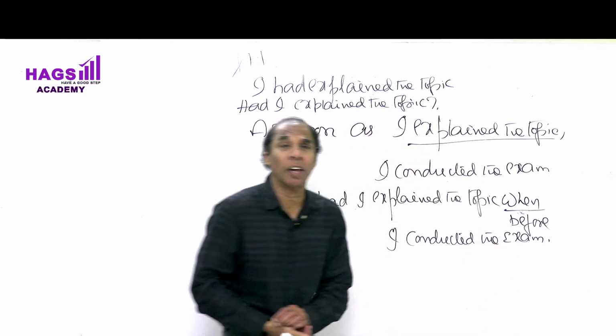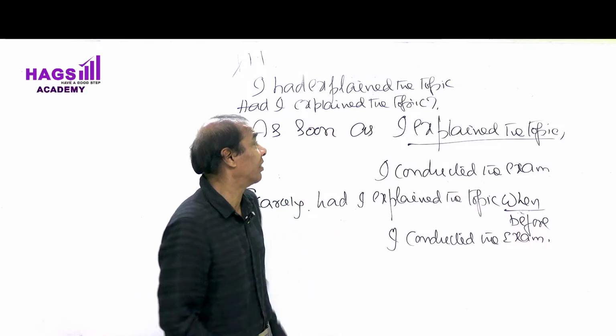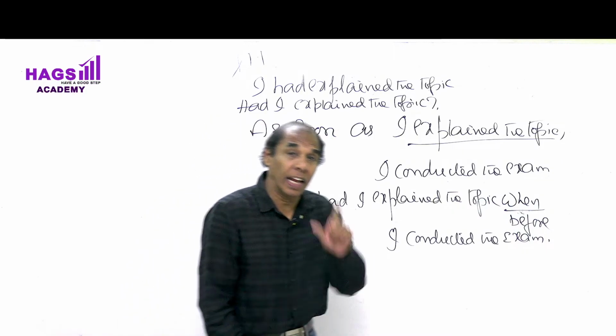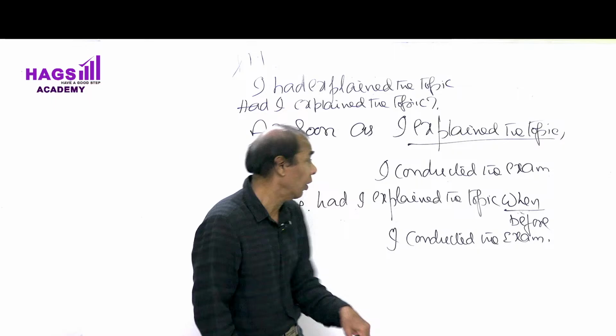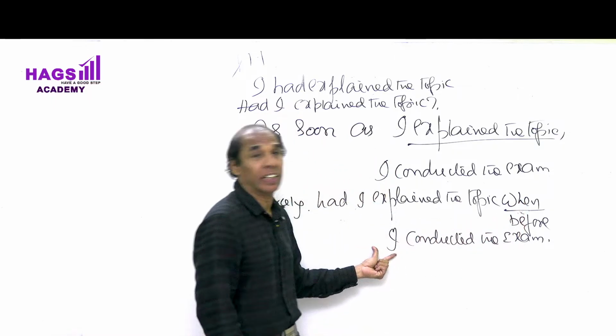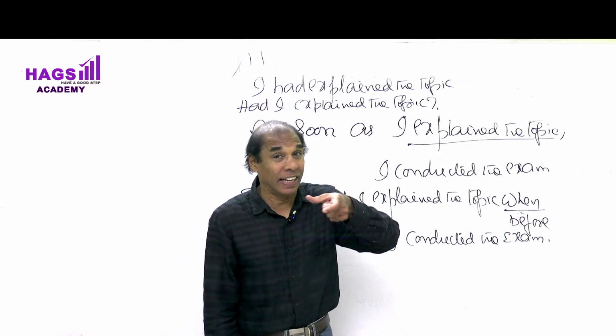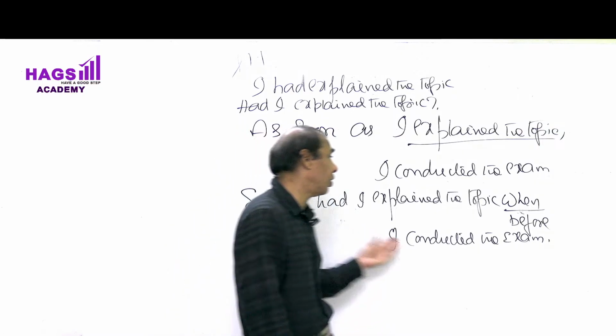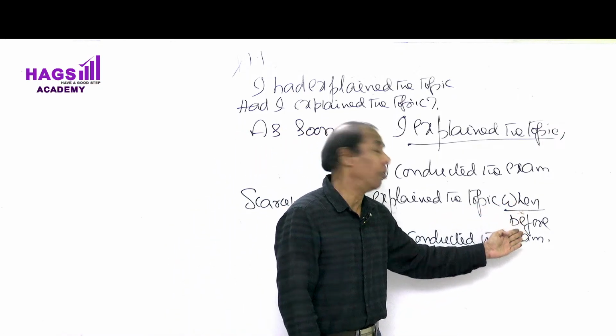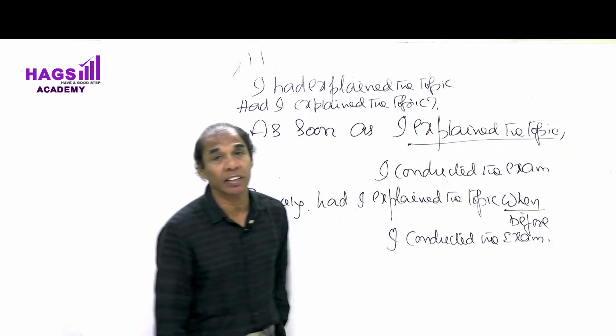See, what is the difference between hardly when and scarcely when by before? In the case of hardly, we simply put when before the second sentence. Right? But in the case of scarcely, we can put either when or before. Both are correct. Before the second sentence.